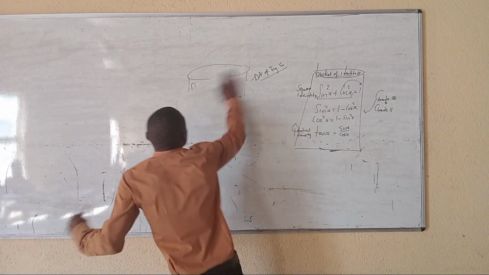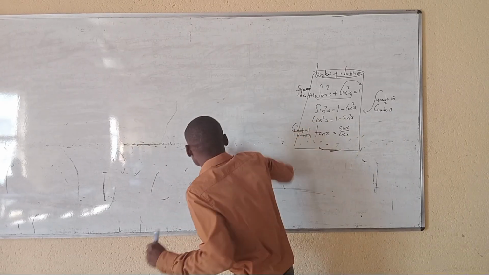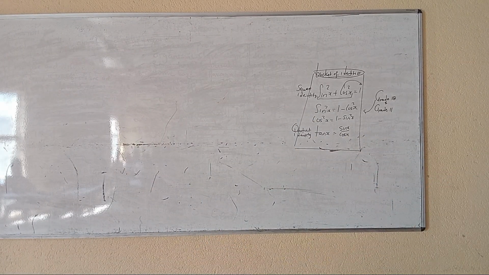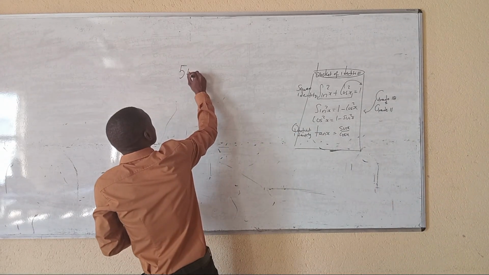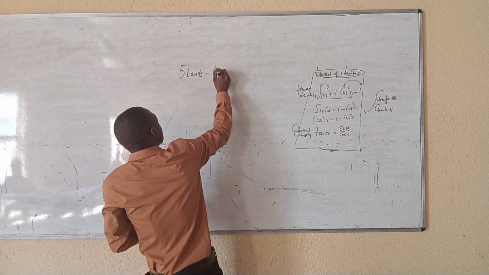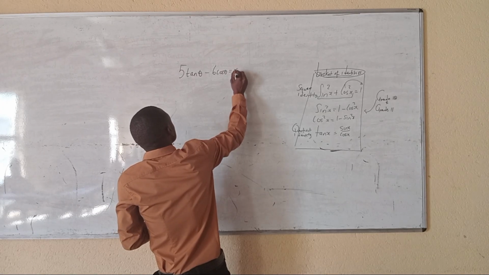Now, let's get to the point. I said our class will focus on what? On the general solution. So I want us to work out this problem: 5 tan theta minus 6 cos theta equals 0.